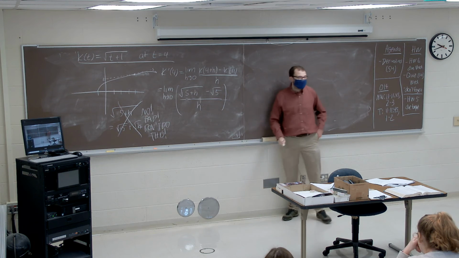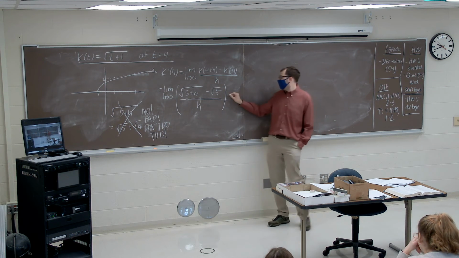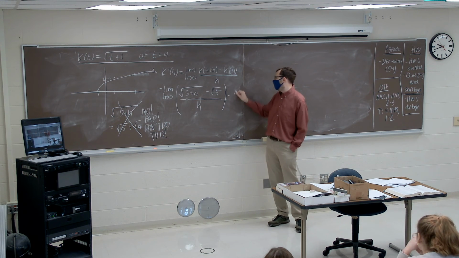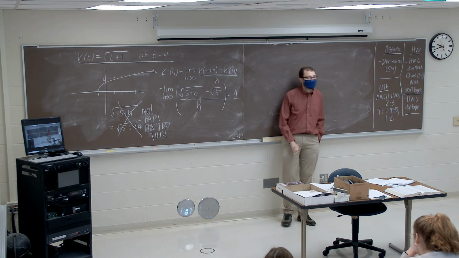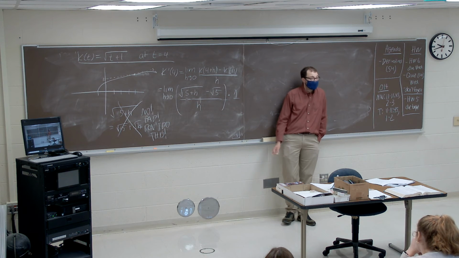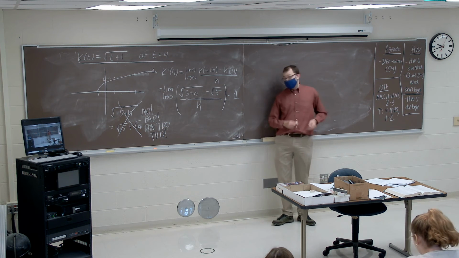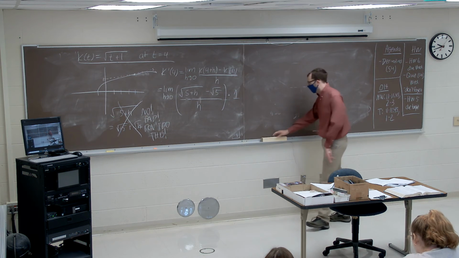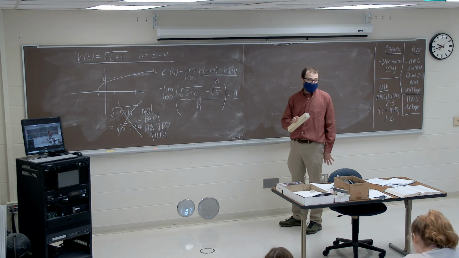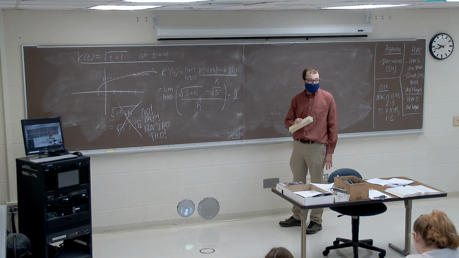Is everyone okay if I take this expression and multiply it by 1? That shouldn't change anything, right? We multiply by 1, nothing changes. So I'm going to multiply by 1, but in a sneaky way.